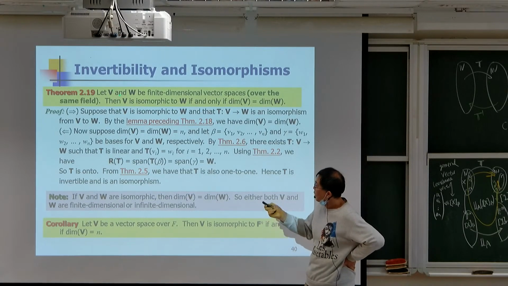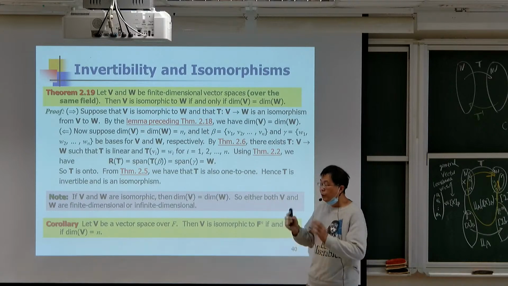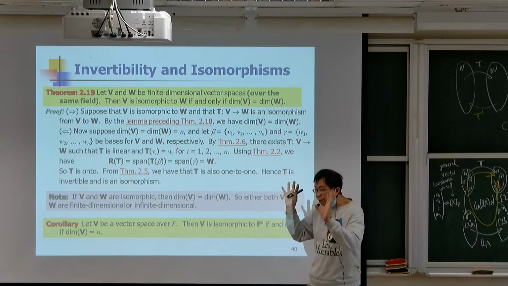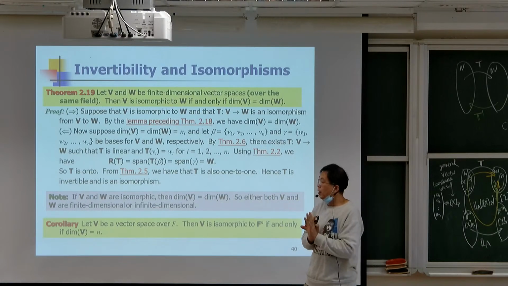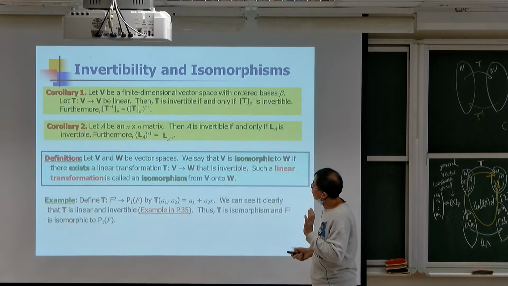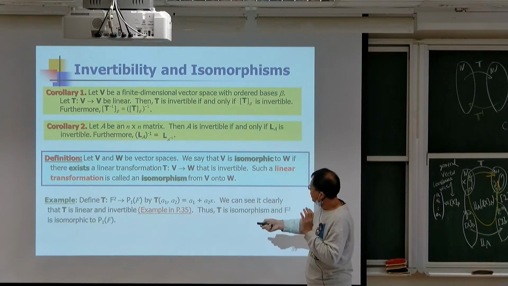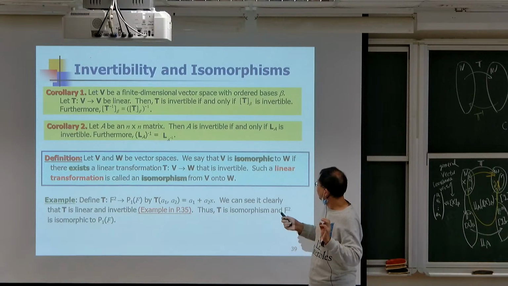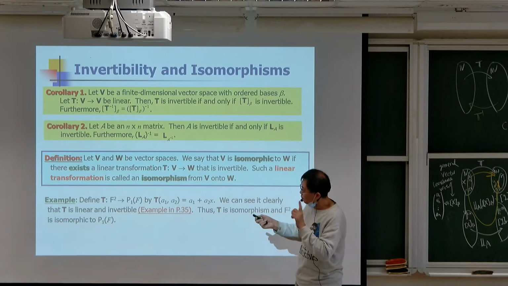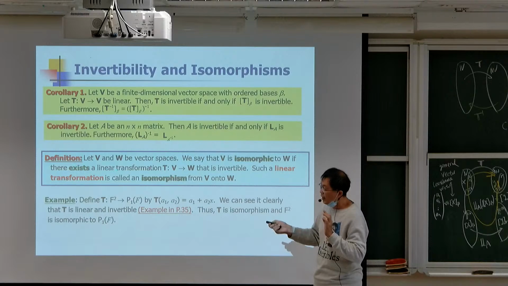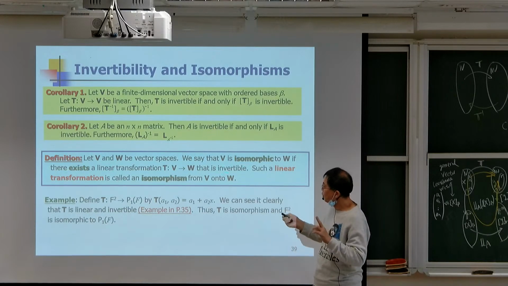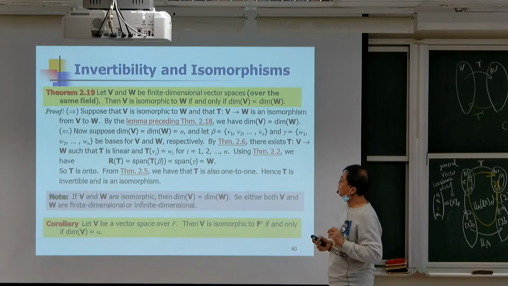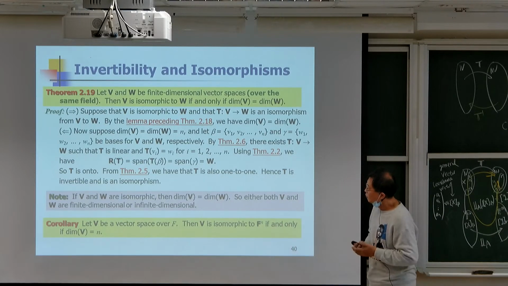Because if we want to prove V is isomorphic to W, we have to prove that between these two vector spaces there exists an invertible transformation. First of all, we need to prove that there is a transformation. Second, we need to prove it is invertible. But it will take much longer, so we will just stop here and leave the rest for Friday.